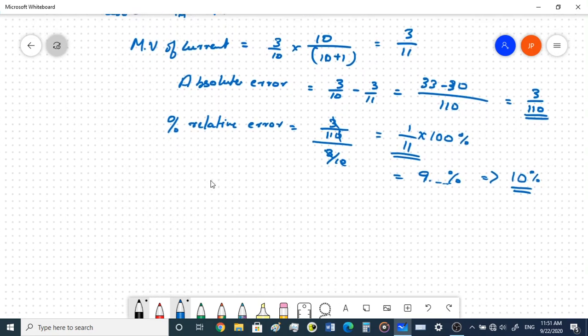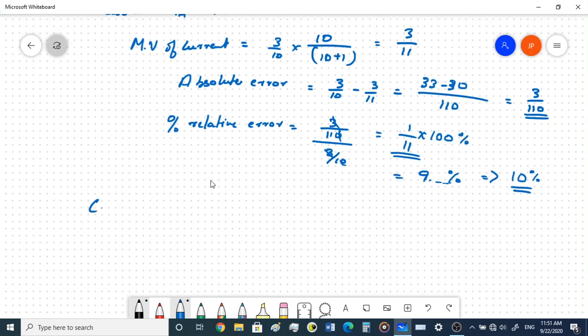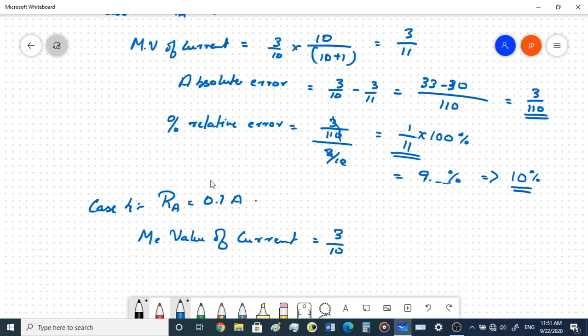Now in case 4, if we take the ammeter resistance as 0.1 ohms, the measured value of current would be equal to 3 by 10 into opposite branch resistance divided by the total resistance.